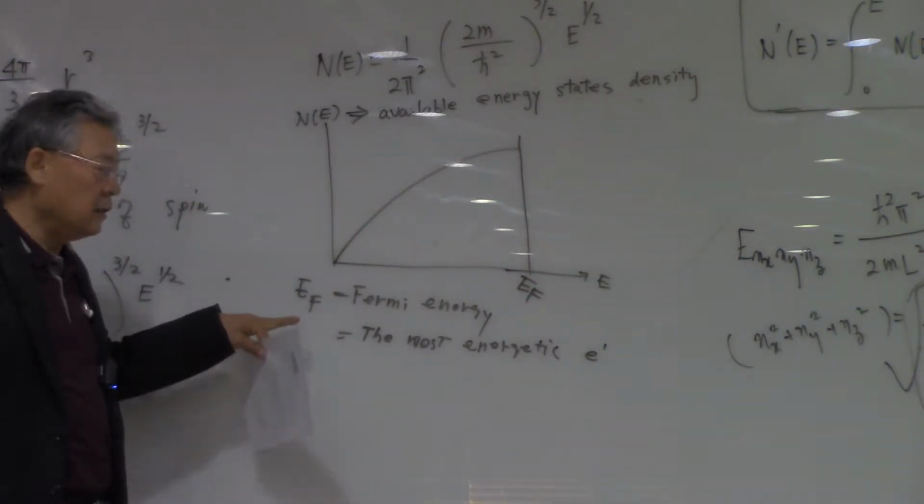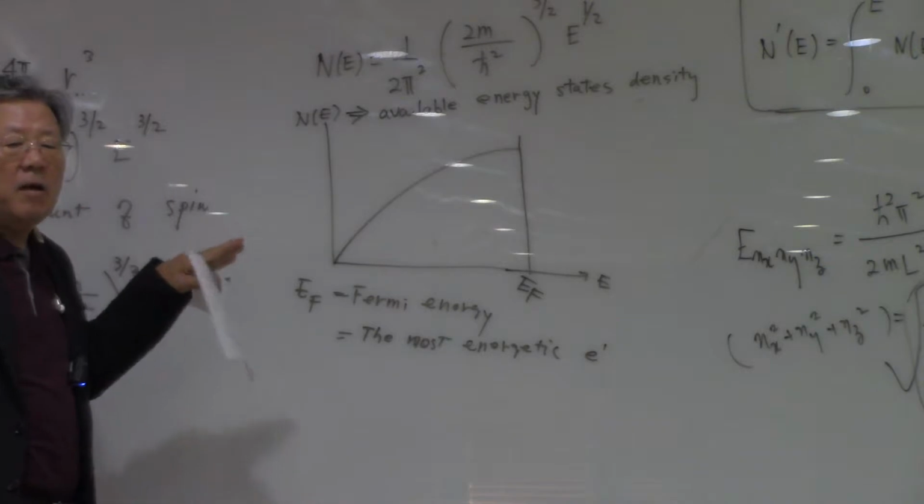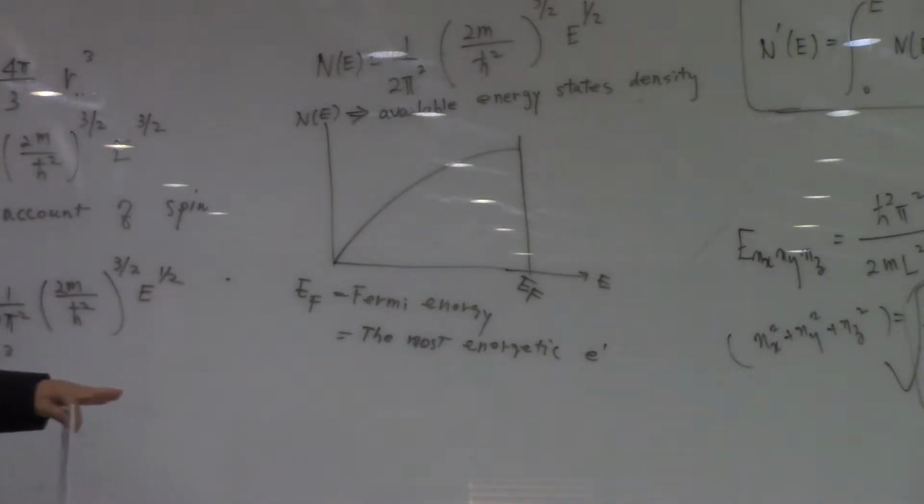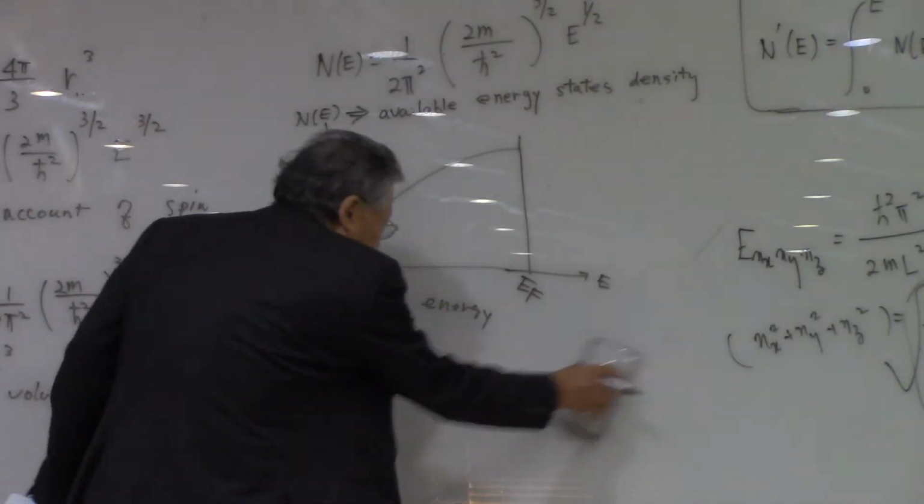The Fermi energy is the energy that the free electron can have. The maximum, no, I have to write it down correctly.